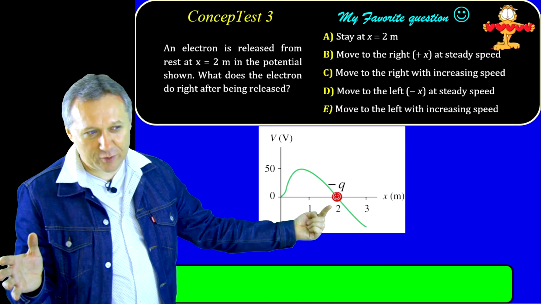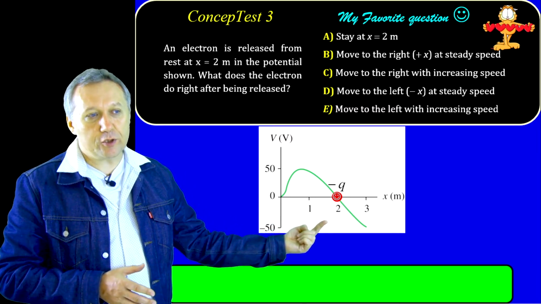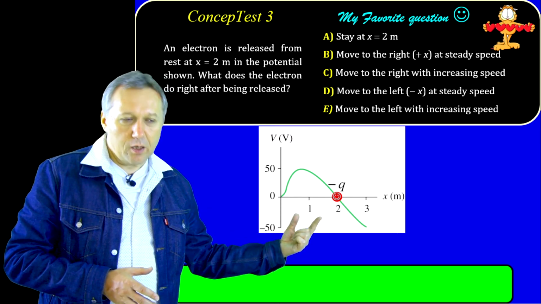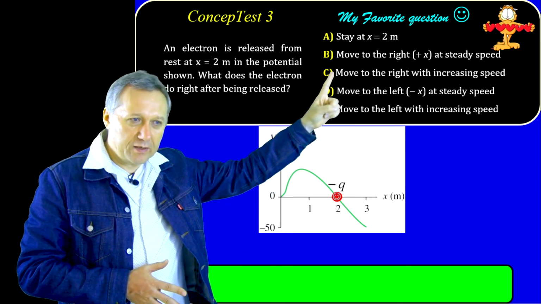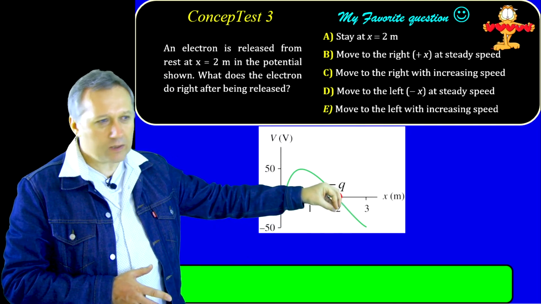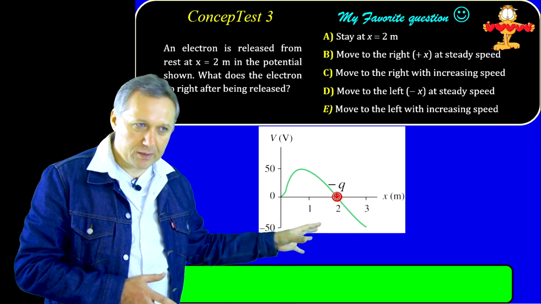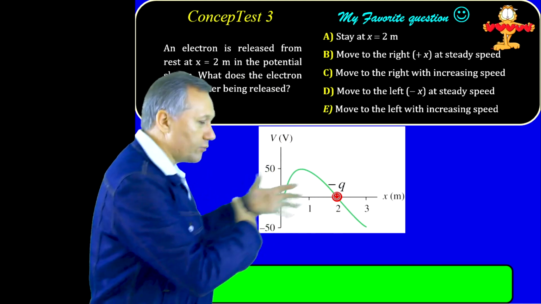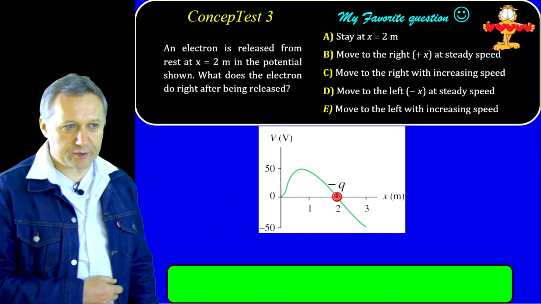It means that the initial velocity is 0, initial speed is 0. Release it. And now we need to answer the question, what happens to this electron? Option A: will it just stay at that point? Option B: will it move to the right at a steady speed with 0 acceleration?